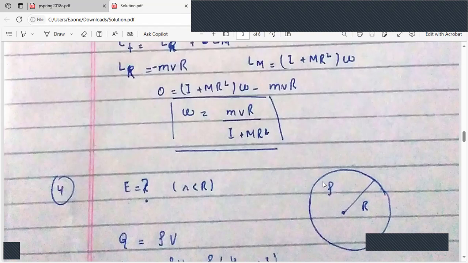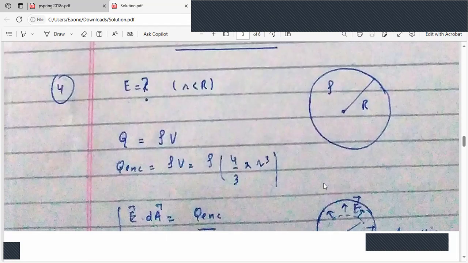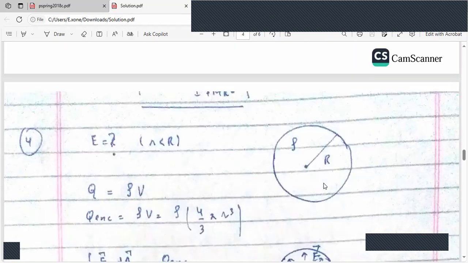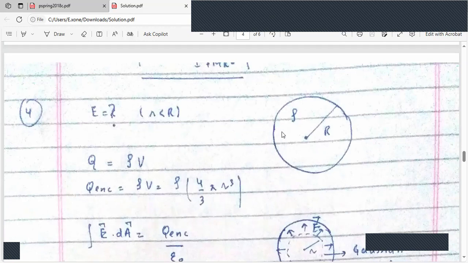So in that case, we can find the electric field inside the sphere by use of Gauss's law, to calculate the electric field inside the spherical ball.